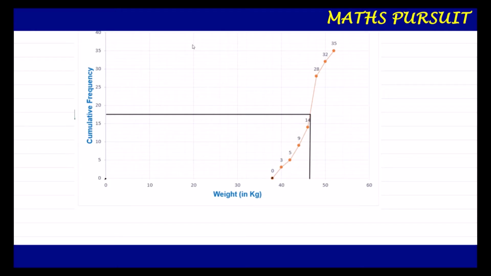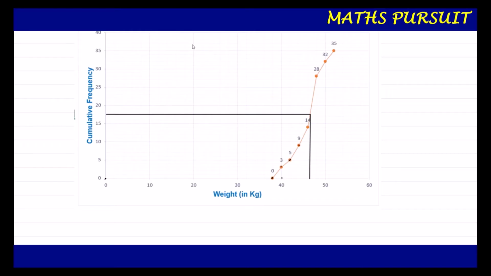Now after finding the first figure, the second figure is 40, 3. So here you could see 40 on the x-axis and 3 from the y-axis. Then the next figure is 42, 5. Then we have 44, 9.